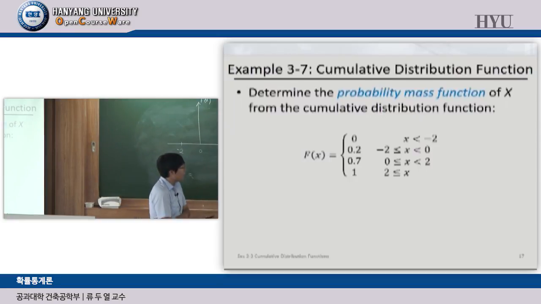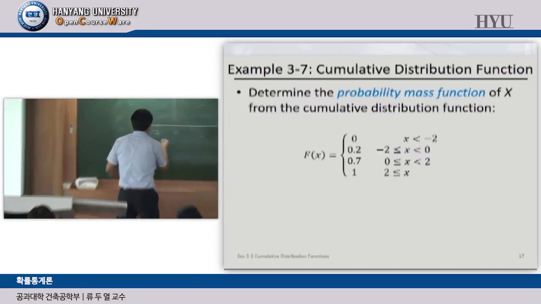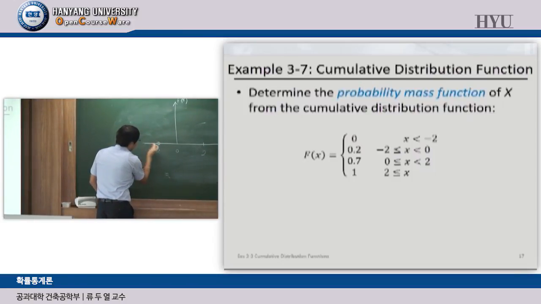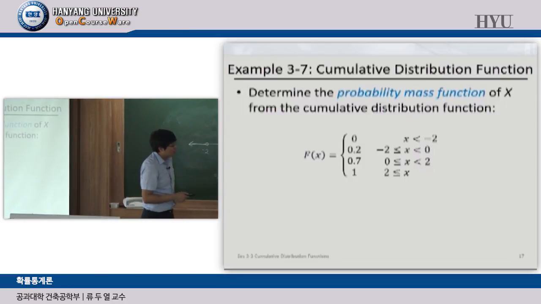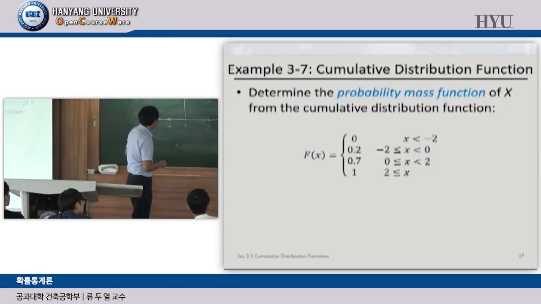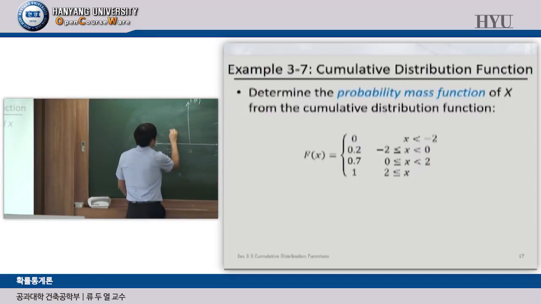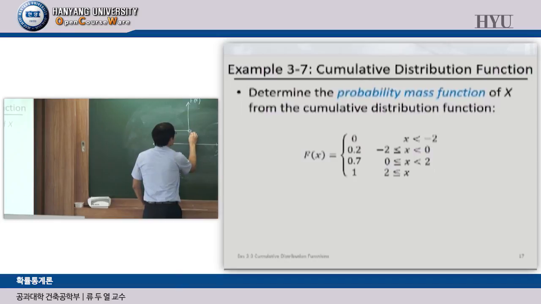So in this case, when the small x is smaller than -2, there will be this part, right? And in the case that x is larger than or equal to -2 and smaller than 0, there will be this part, okay? That is 0.2.